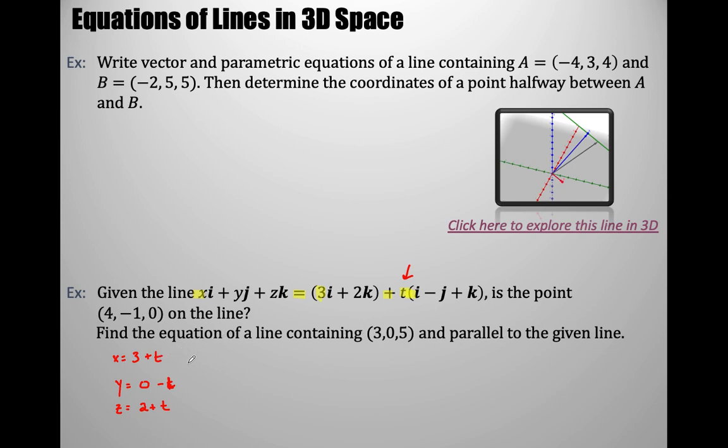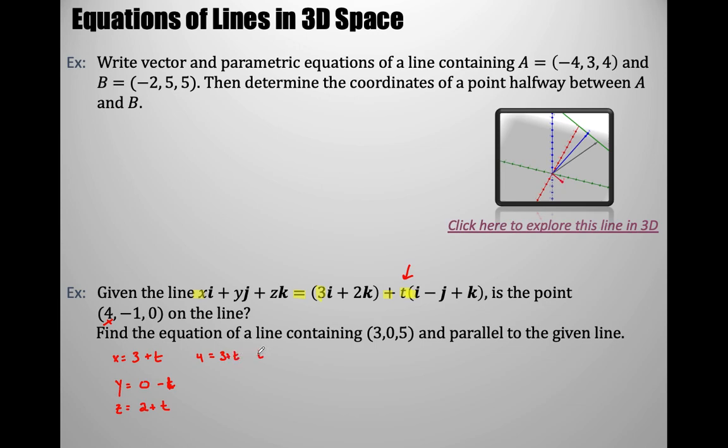So what am I going to plug in? What do I do here? The x component that I was given, sorry, I had a text to answer. This is the x, so I'm going to say 4 is equal to 3 plus t.